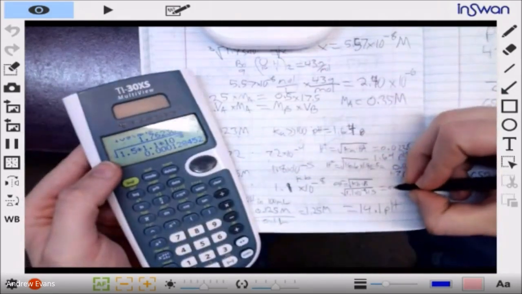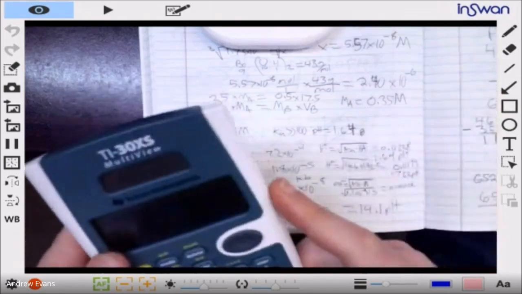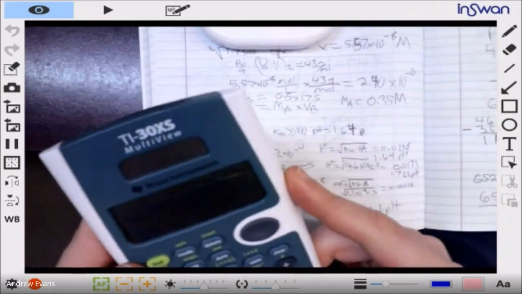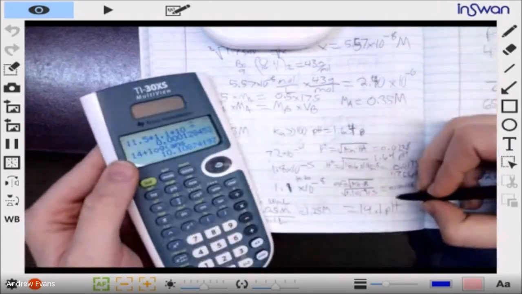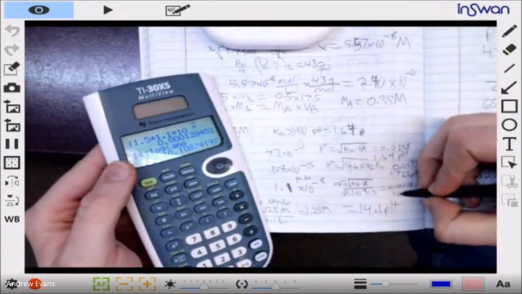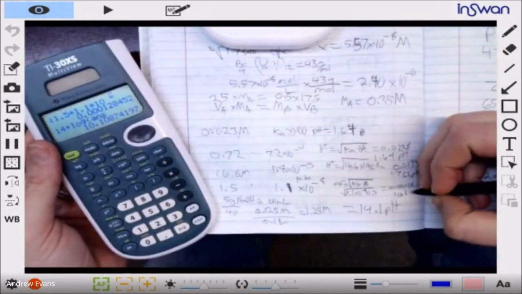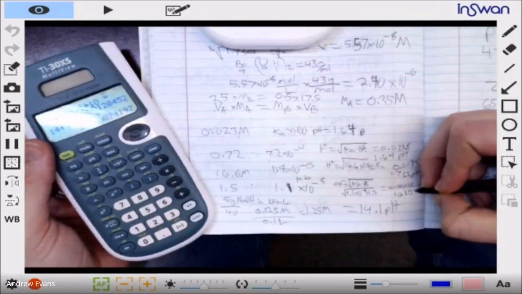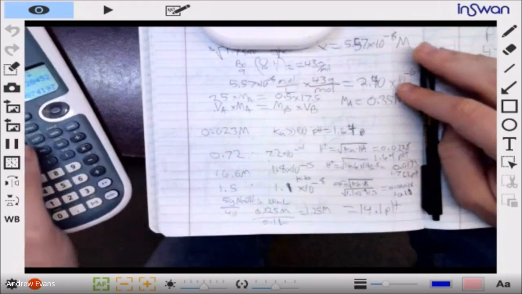So that gives us 0.000128. 14 plus the log of that gives us our pH. So the hydroxylamine has a pH of 10.10. We'll say 10.11.